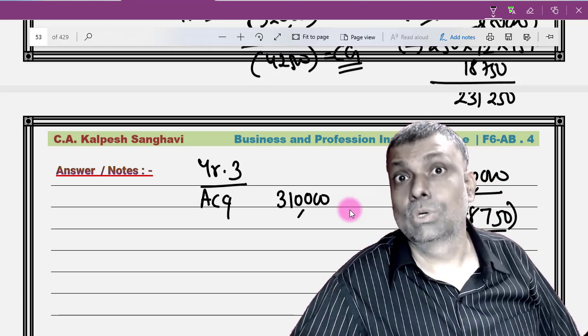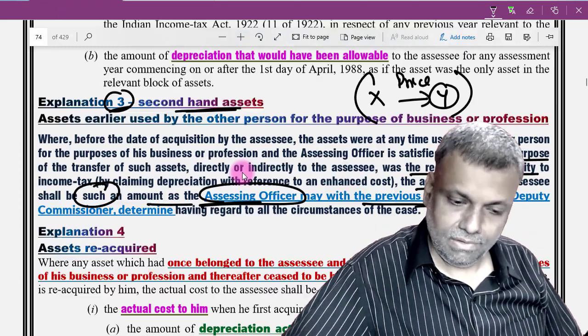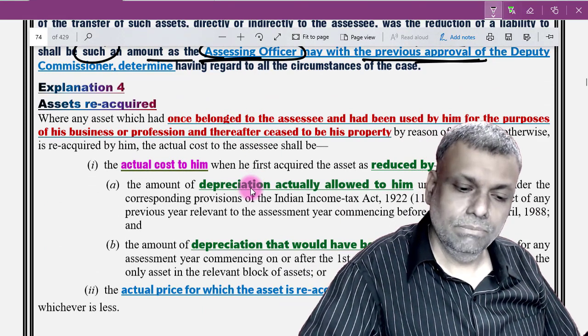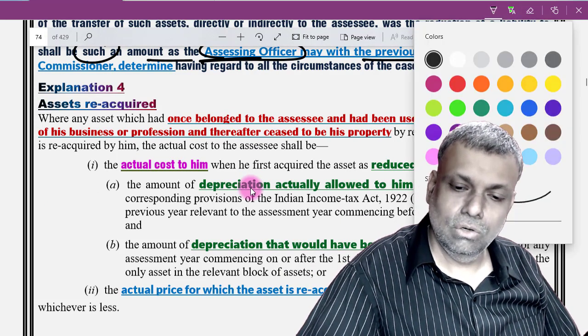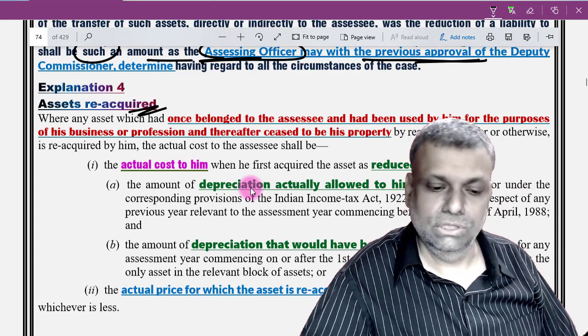Now for Mr. X, what will be the cost? He is reacquiring the asset. For that, Explanation number 4 will come into picture. It is a situation of asset reacquisition.